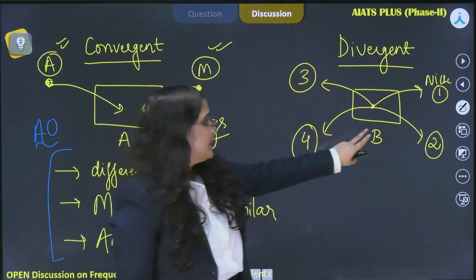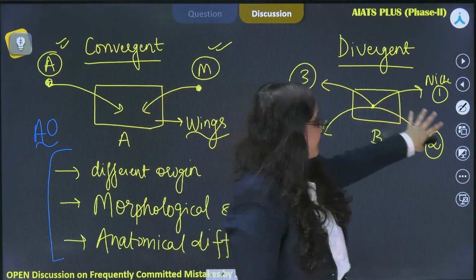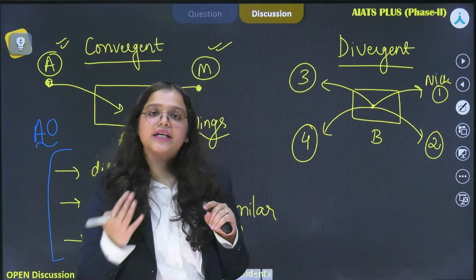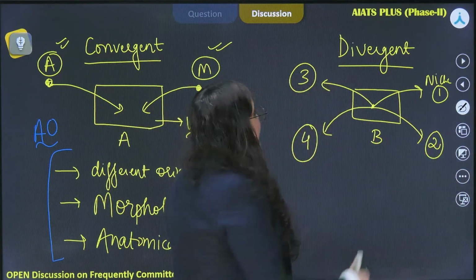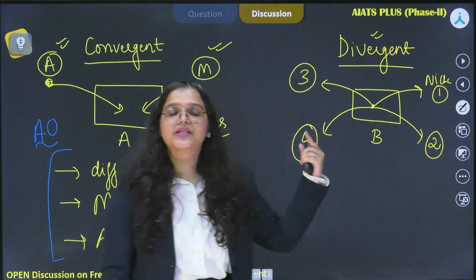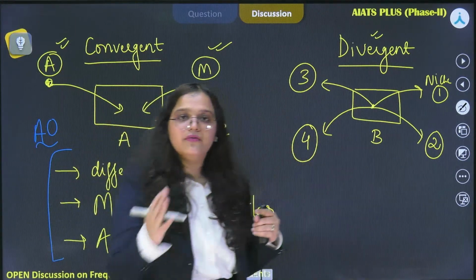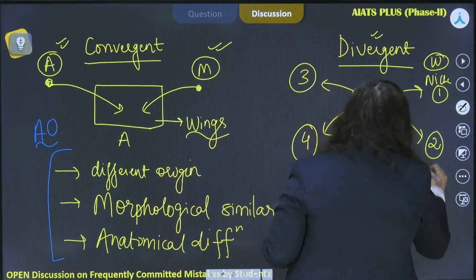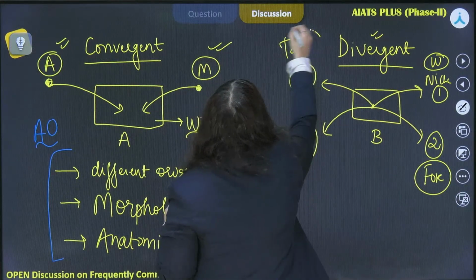So basically from one common point or from one ancestor, different species were formed, and they adapted different characteristics to survive in different areas. That is why we call it divergent evolution, because they are diverging to different places or in different directions. Let us suppose it developed wings, it developed forelimbs, it developed a tail or whatsoever.